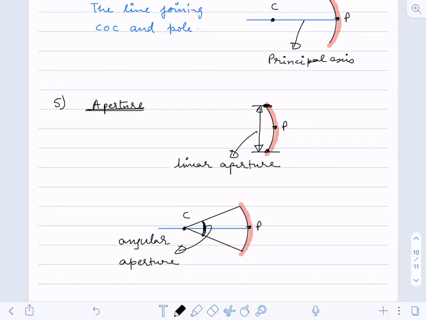Application of aperture, I told you, that if you increase the aperture, more light will come through it, and you will have a better clarity in the image. When I widen the aperture, what will happen?